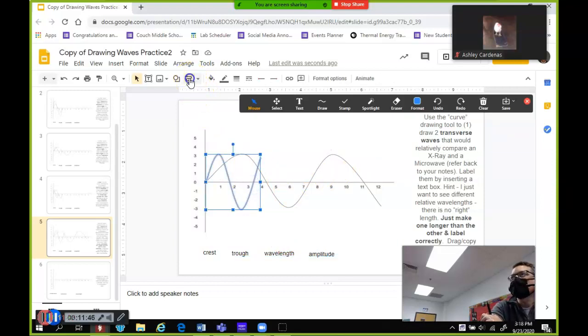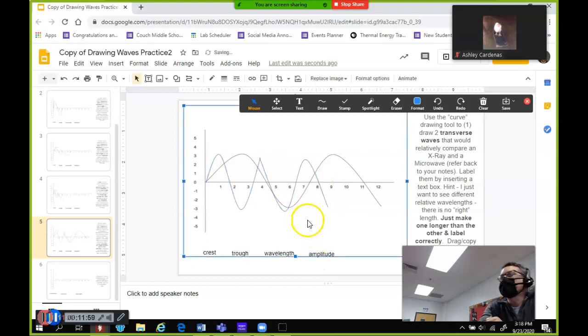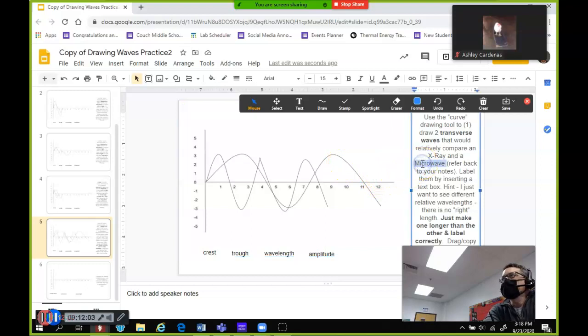And again, if you wanted to continue making this a little bit further, that's what happens when you stop and start again. And so we could label the longer wave the microwave, because microwaves are longer. We could label the shorter wave an X-ray. And again, we could come up with all kinds of different possible combinations of how long these things need to be. It's just a matter of an exercise of comparing lengths and knowing which ones would be longer and which ones would be shorter.